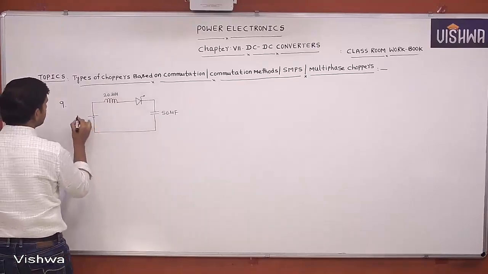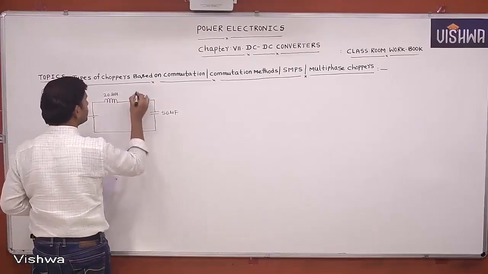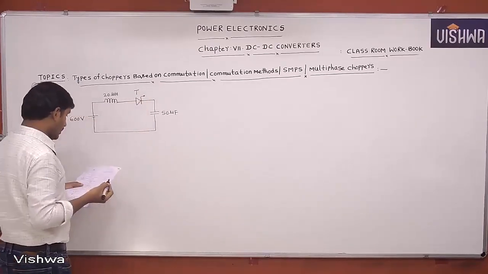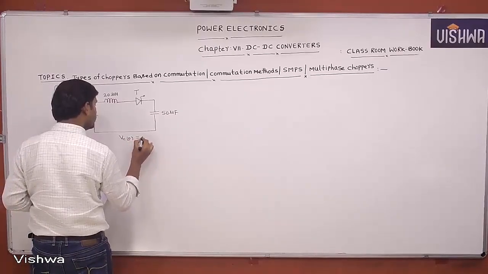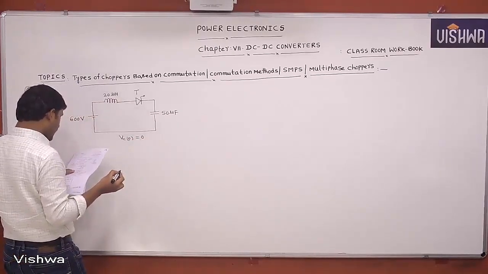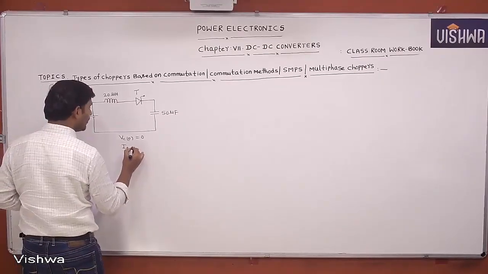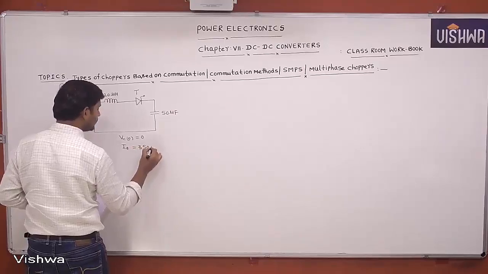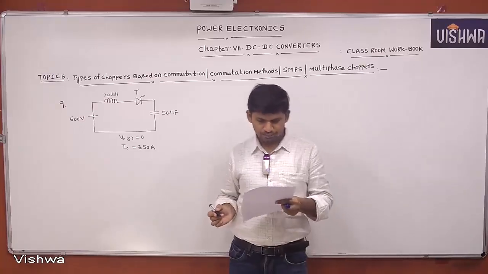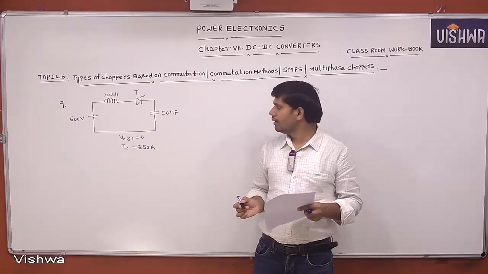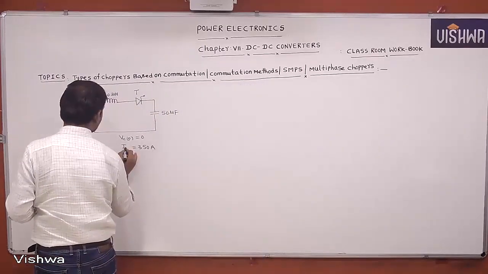Supply is 600 volts. Thyristor. Given that the initial voltage across the capacitor is 0, then the initial current in the inductor is 350 amperes. Initial current in the inductor is 350 amperes. This is Vc of 0 and this is IL of 0.